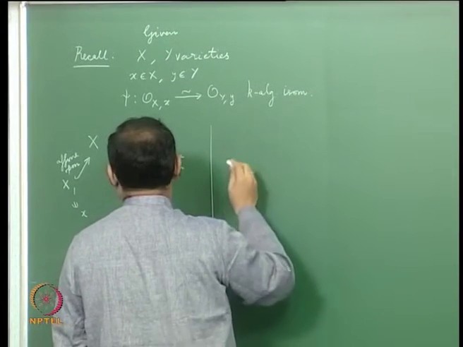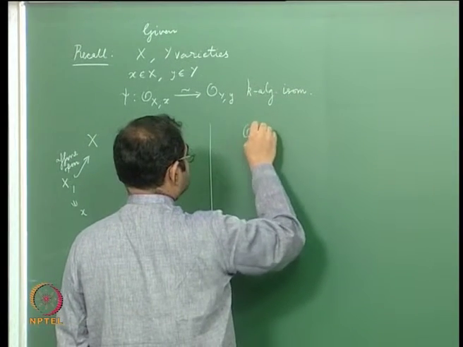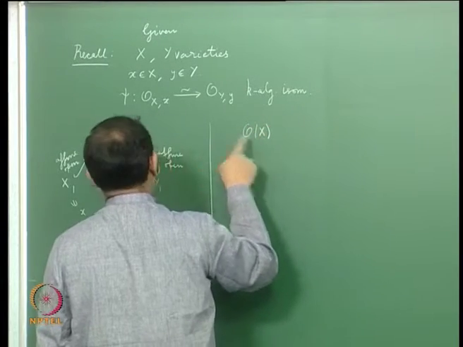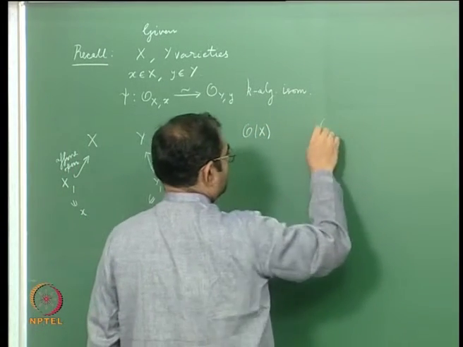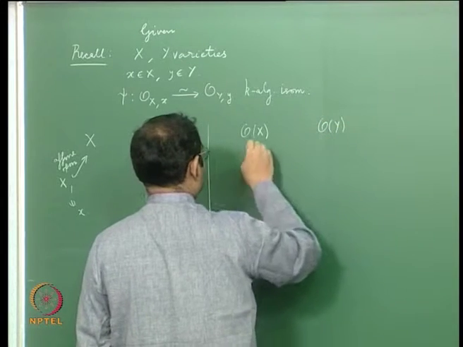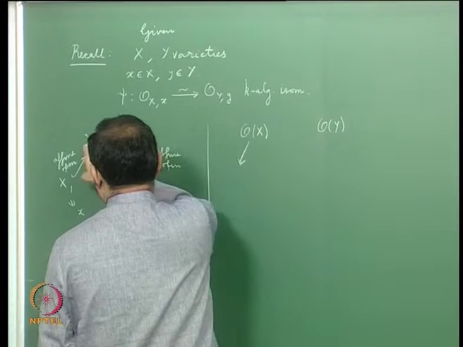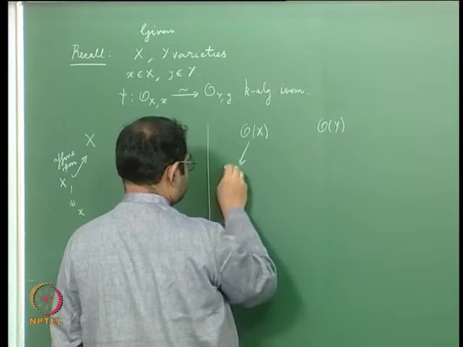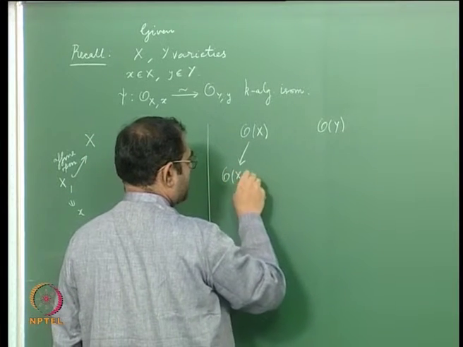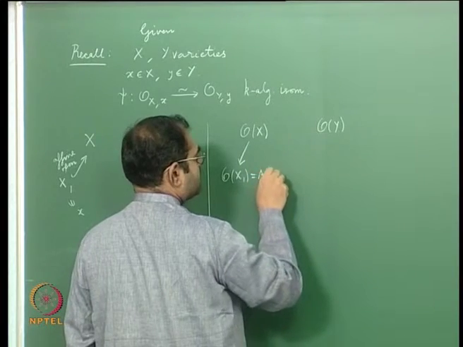If you look at it commutative algebraically, you get O_X here, that corresponds to the regular functions on X. You have O_Y here, and then you have the restriction of regular functions on X to regular functions on X1, so you have O_X1, but that is the same as A(X1).